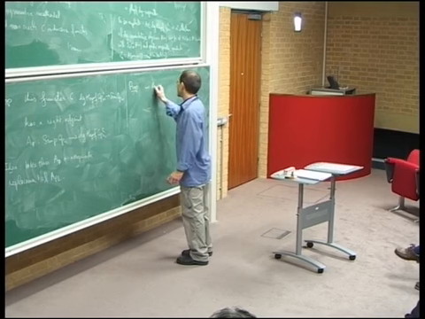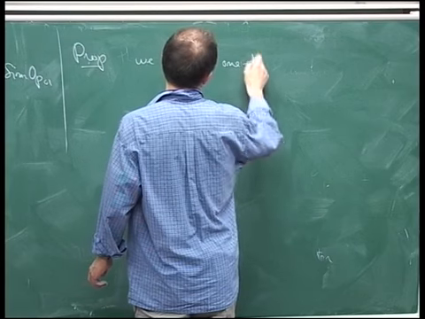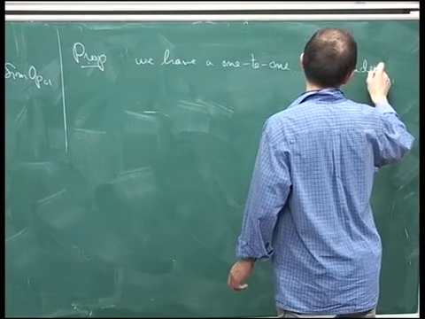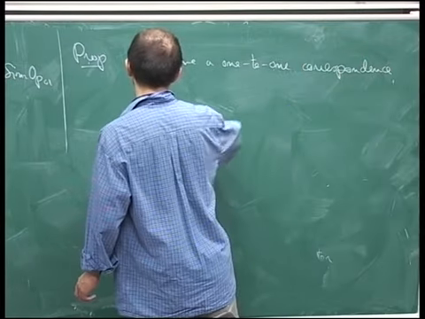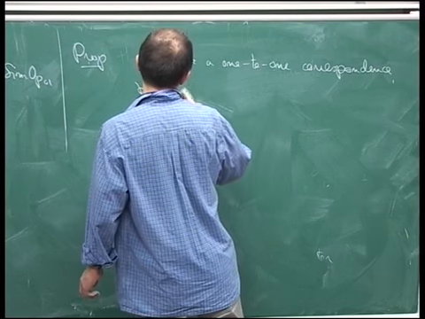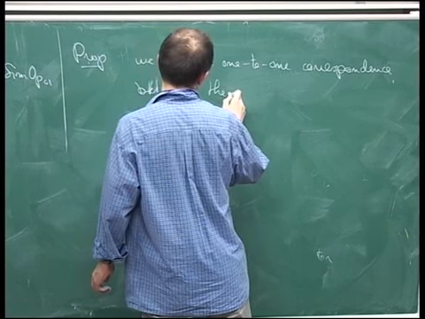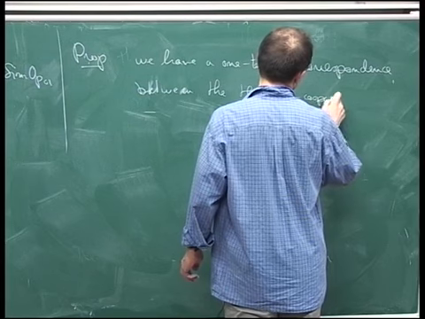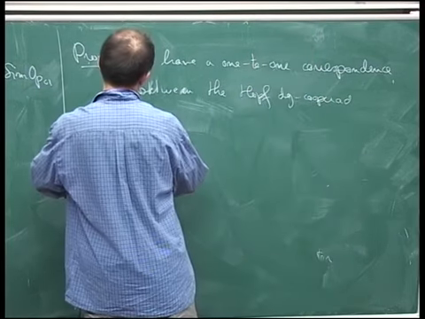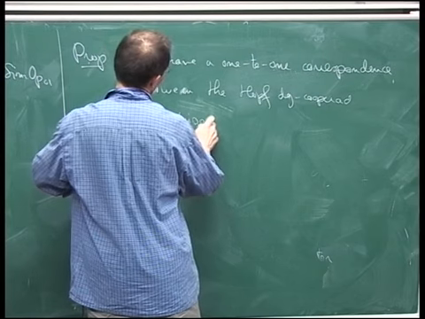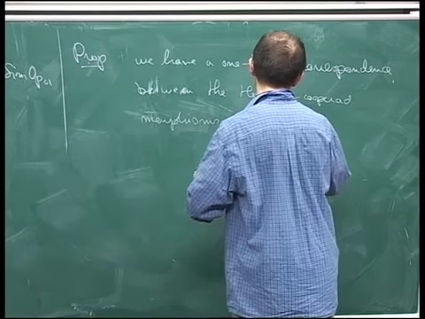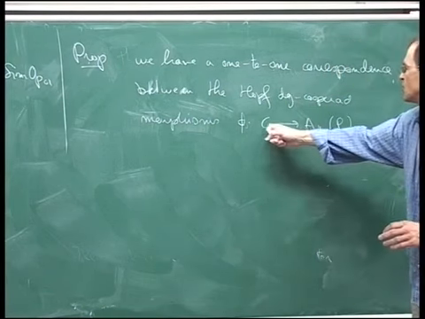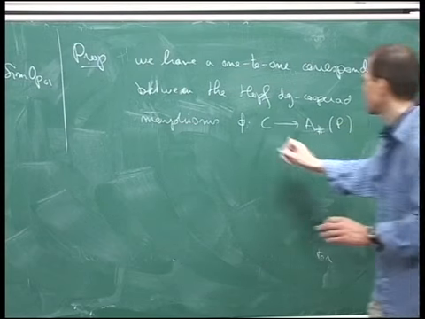We have a one-to-one correspondence between the morphisms of Hopf DG cooperads phi from C to A sharp of P. Here C is any Hopf DG cooperad and P is any operad in simplicial sets.